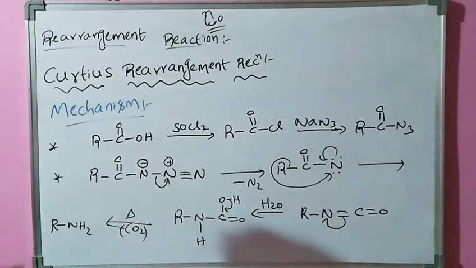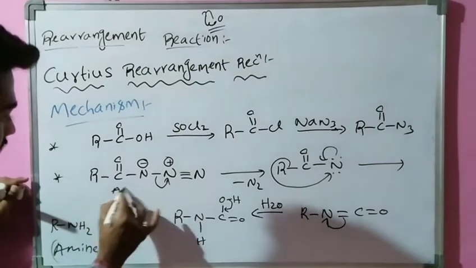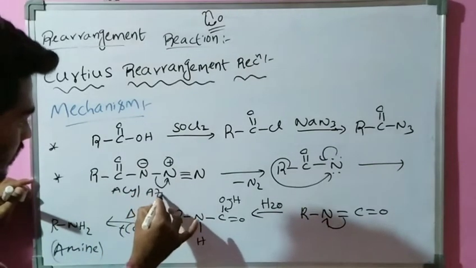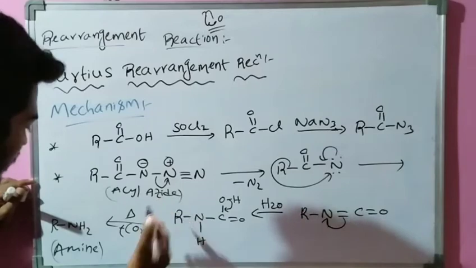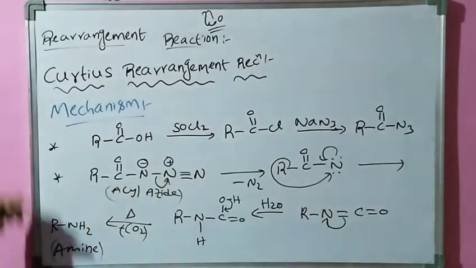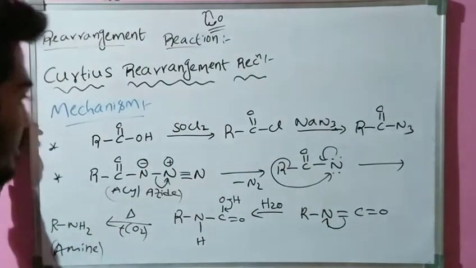Carbon dioxide is removed, and it forms our required product, the amine. Simply, the acyl azide is converted into an amine. This is the mechanism of the Curtius rearrangement reaction.